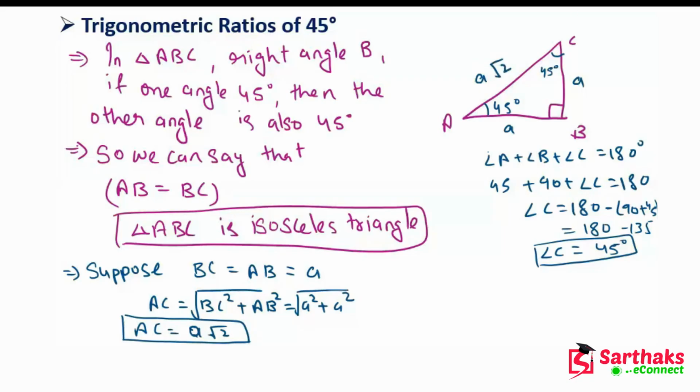So now we have to find the values of the ratios. How? Let's see. We know that the perpendicular is A, the base is A, and the hypotenuse is A root 2.